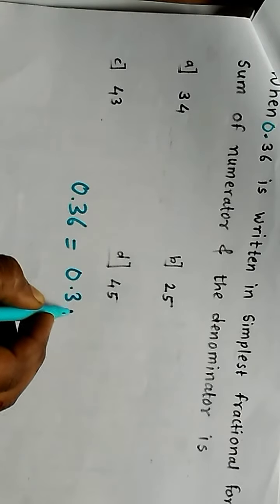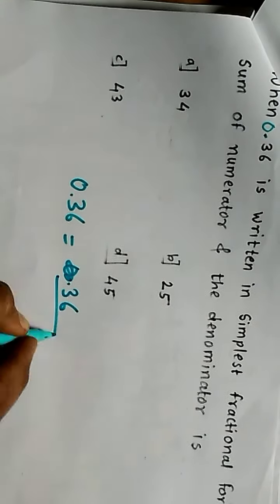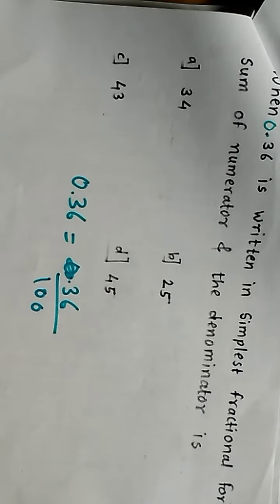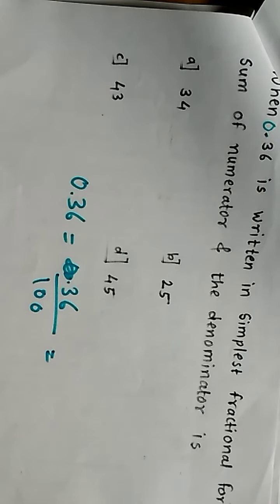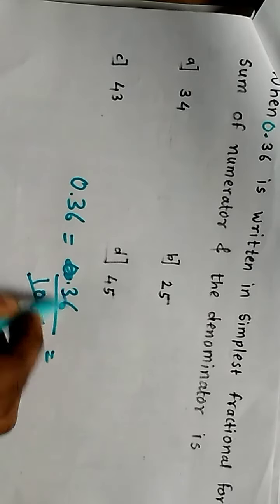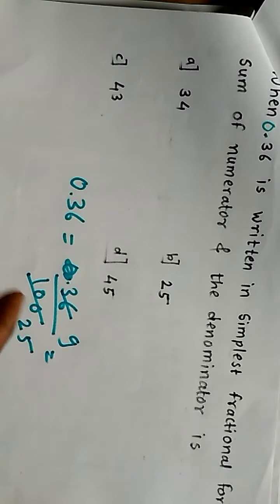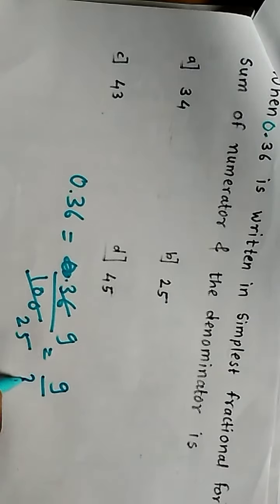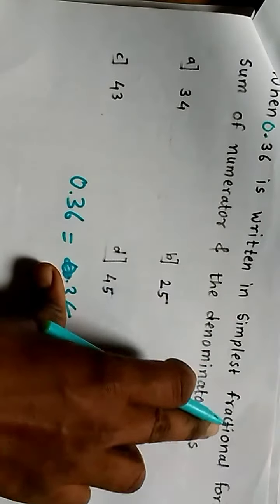So 0.36 is equal to 36 divided by 100, as there are 2 places. Can we divide this? Yes, we can divide by 4. 25 fours are 100, and 9 fours are 36. So 9 divided by 25. This is the simplest fraction form.